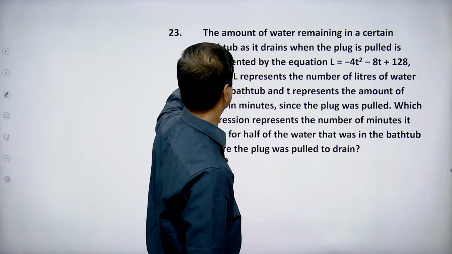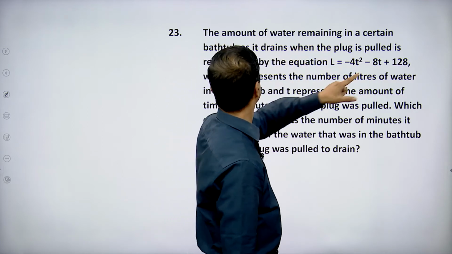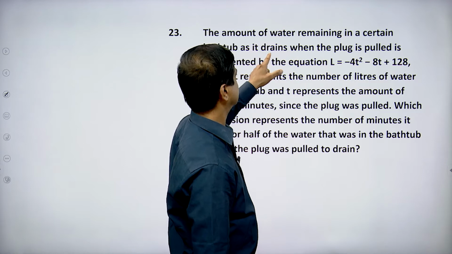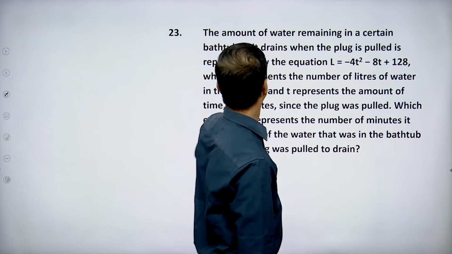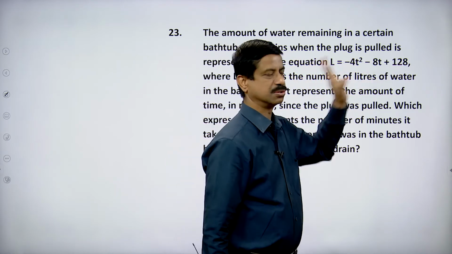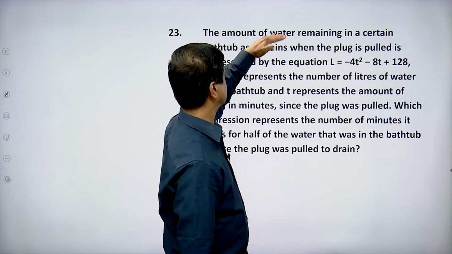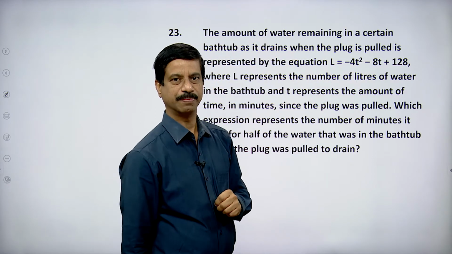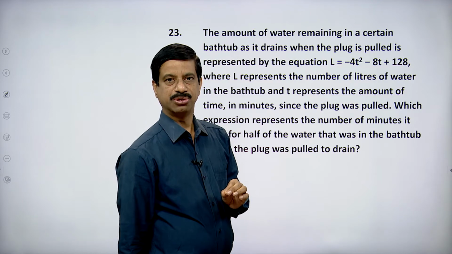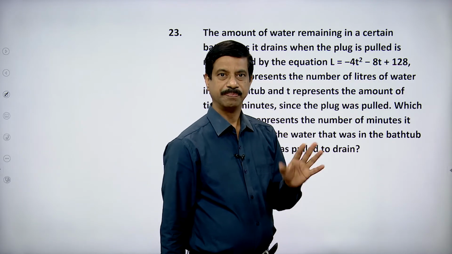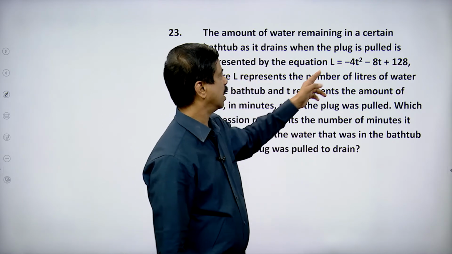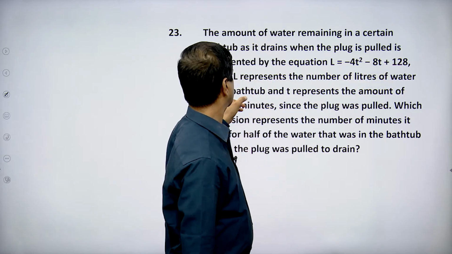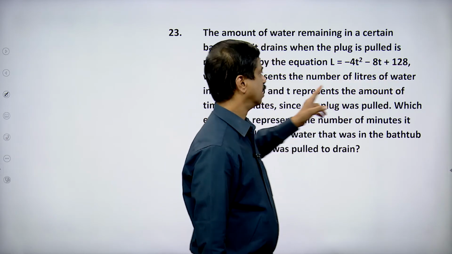So let us read the question. The amount of water remaining in a certain bathtub as it drains when the plug is pulled is represented by the equation. Till here there is no value for problem solving, but the only thing you should remember is water is draining out. L is in liters, so it is the water left in the tub.